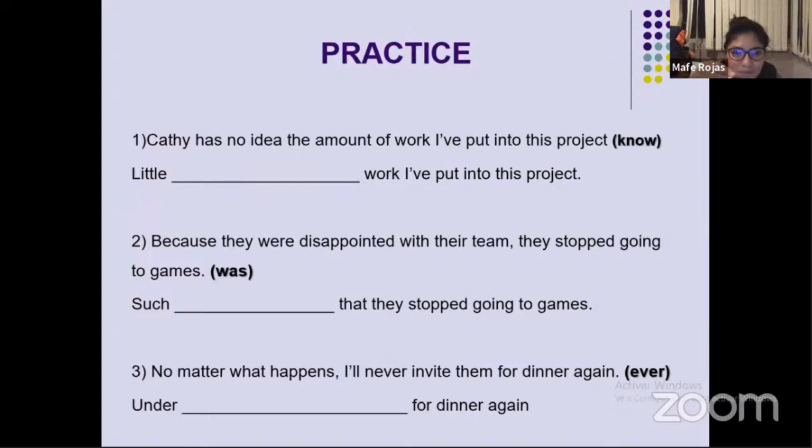Okay, negative adverb. Never, under no circumstances. Okay, auxiliary. Don't use never, just ever. Under no circumstances will ever, right? Will I ever?